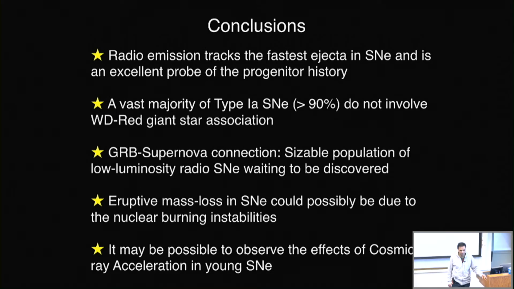So in cases where you have a prompt merger, and there have been some Type 1As where there's evidence of material in the vicinity, it could easily be a double degenerate but have a lot of material around it. So the point I'm making is that the picture is much more complicated.